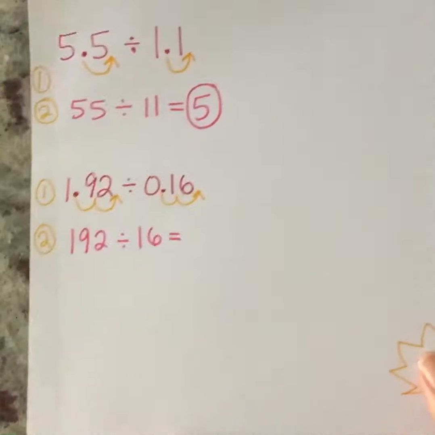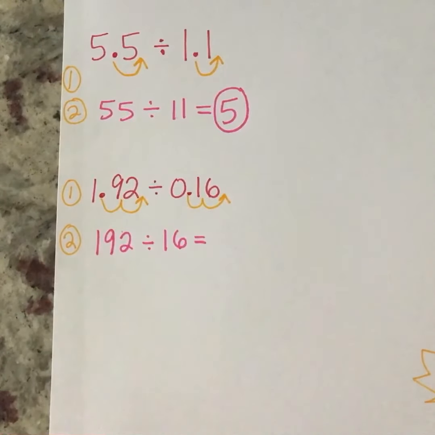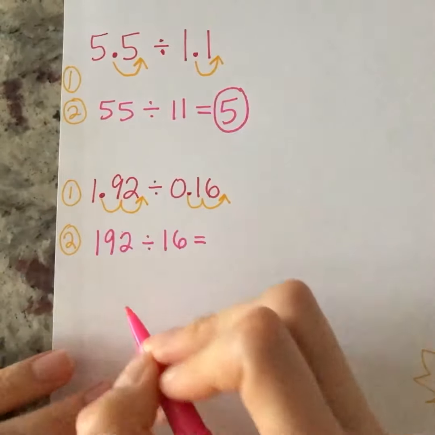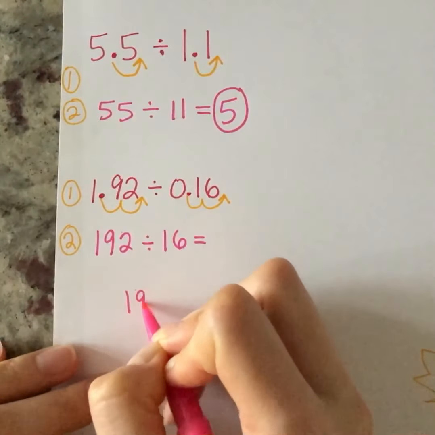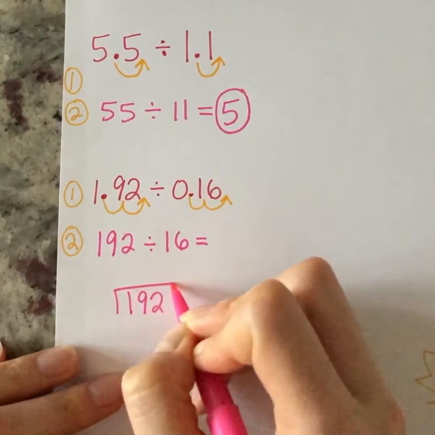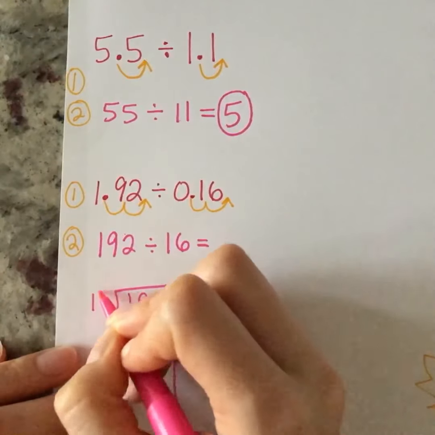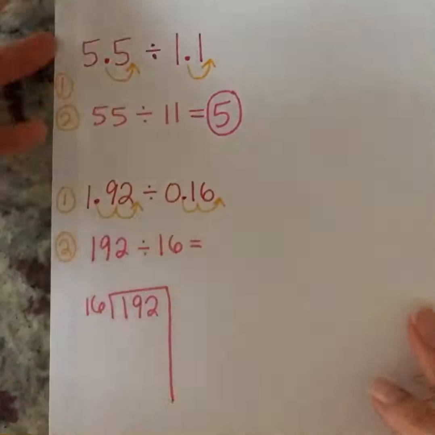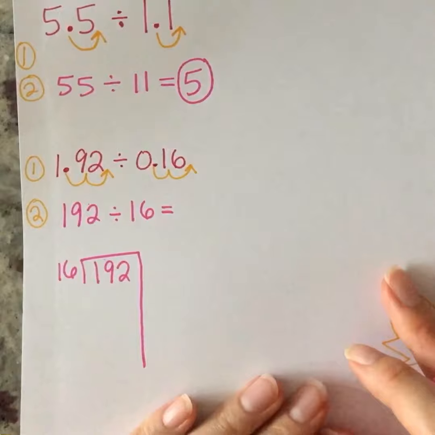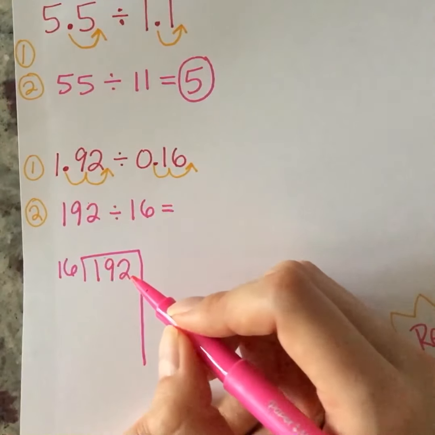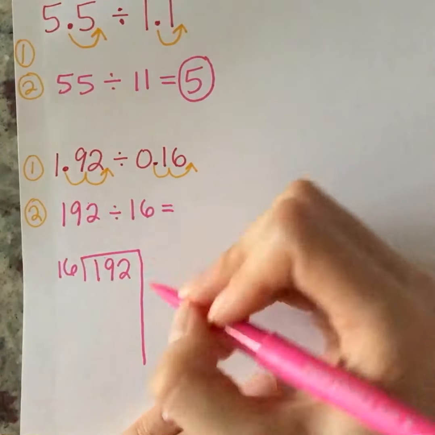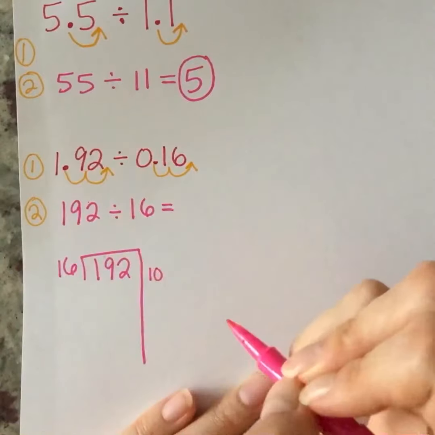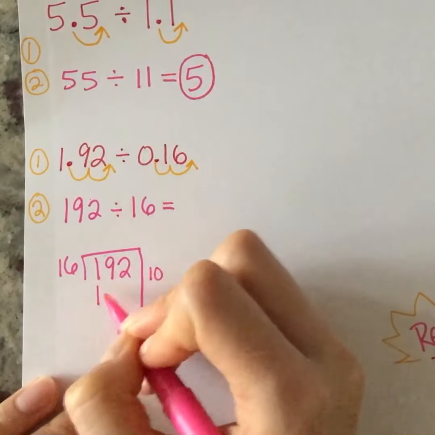Great. So in order to solve this, we can write this out as a partial quotient. We have 192 divided by 16. All right, so why don't we start out with times 10? It's a good way to start off. 16 times 10 will give us 160.